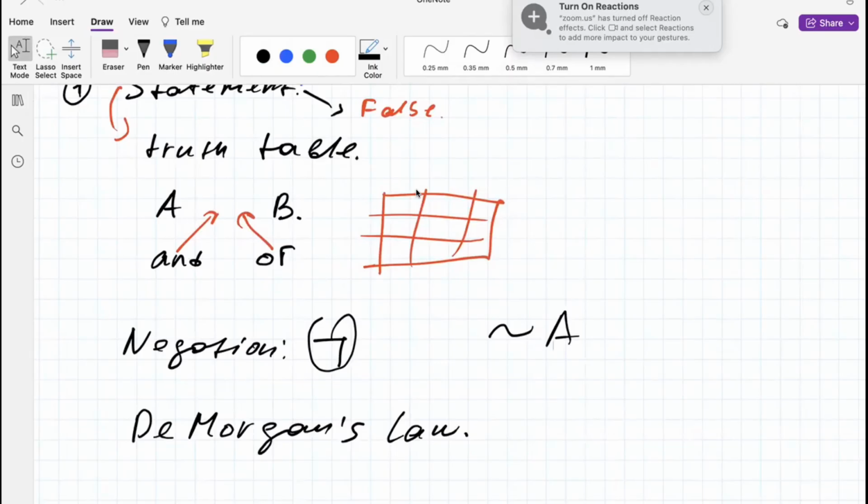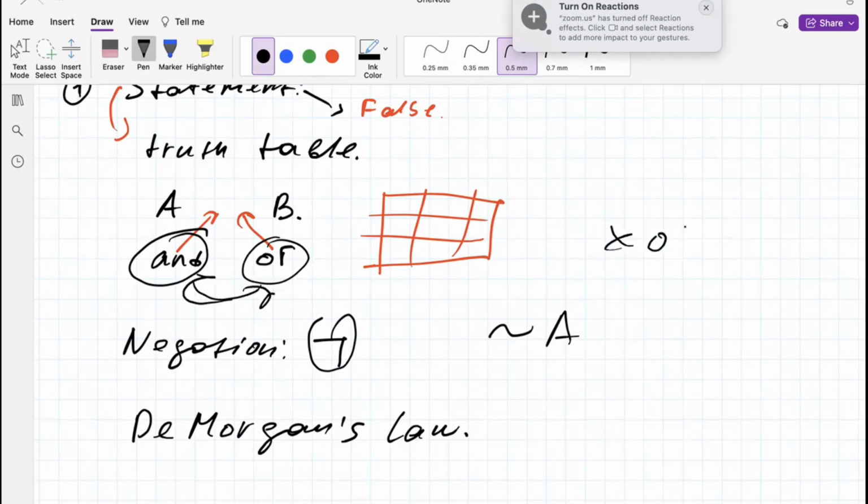It's just to understand when it's true, when it's false, and how to easily understand if your statement is true or false based on these two connectors, and and or. Usually in logic tests, they use only these two connectors. So there is no XOR, no NOR, no NAND, and so on. Only these two.